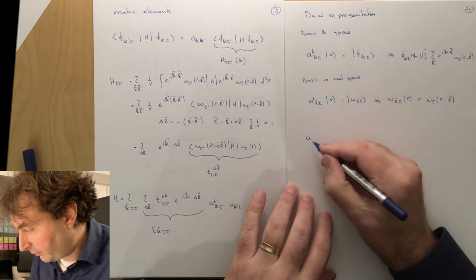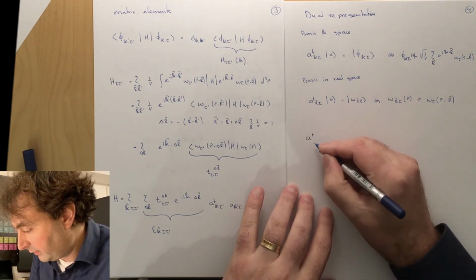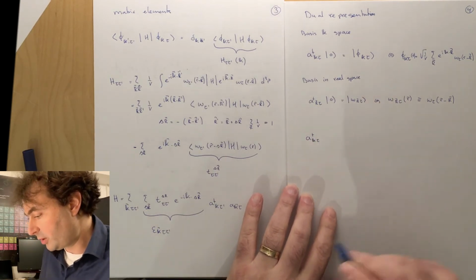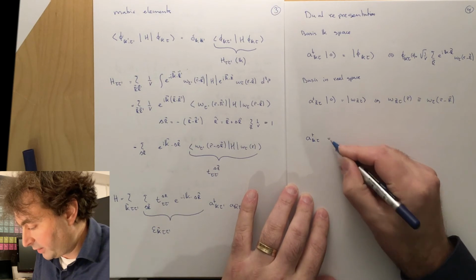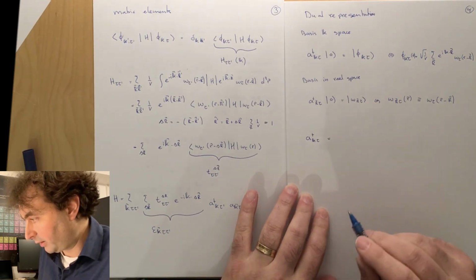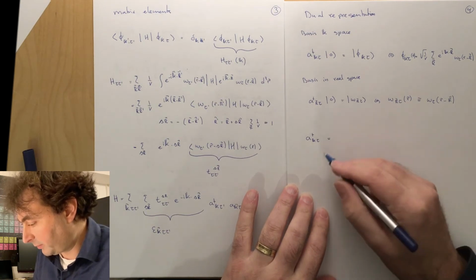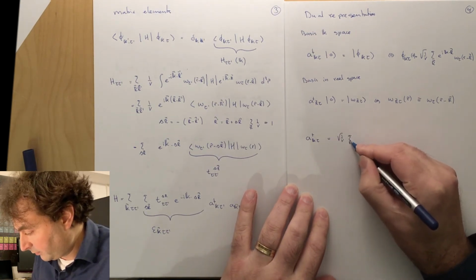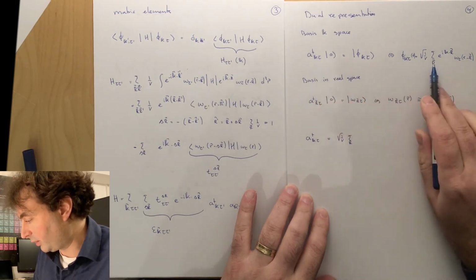We can show this even more when we look at the properties of our creation operators. A creation of a state with wave vector k and quantum number tau, crystal momentum k, is given as 1 over square root v, the sum over r, and you can read it off here.